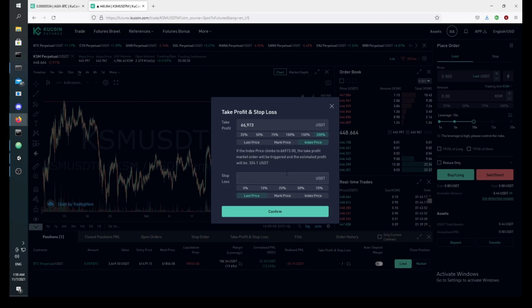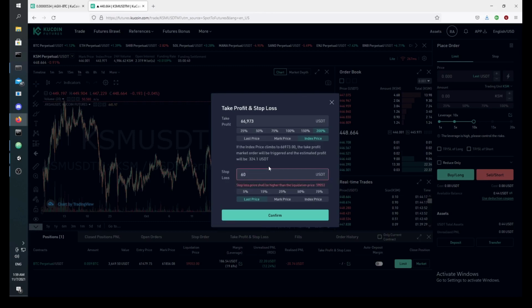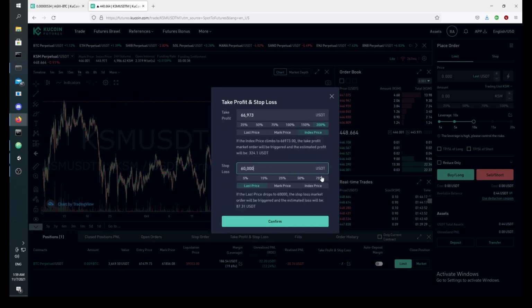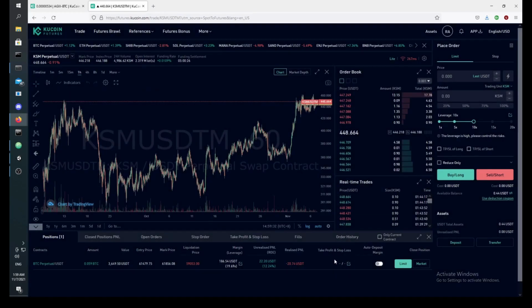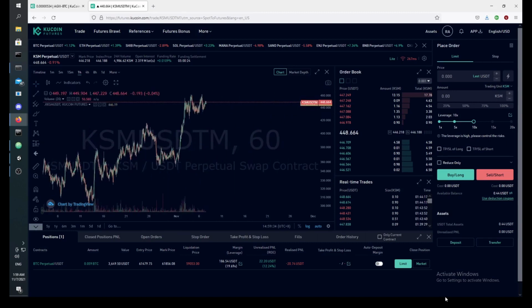And if I want to take losses, and say, okay, I don't want to get liquidated, so I want to be a little bit above my 59,000 for liquidation. So if Bitcoin gets to this price, I'm going to go ahead and sell most of my position so I can back out and not lose everything. So once you set that up, it'll take that into account and automatically trigger when the price gets to that range.